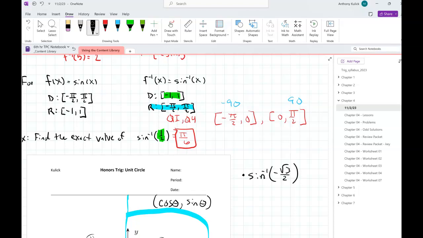So let's do another example. Let's say this time we're doing sine inverse of negative root 3 over 2. So where do I start looking? On the unit circle. Quadrants 1 and 4. Which coordinate am I looking at? The y coordinate, because we're doing sine inverse.